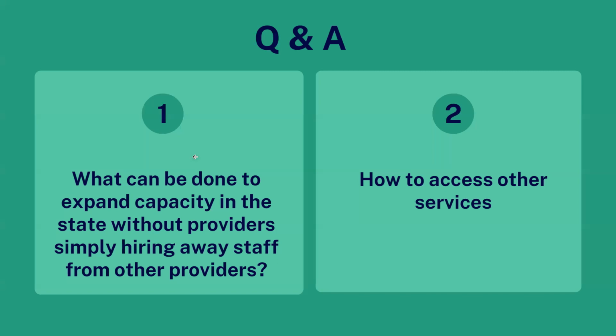I also got a second question, I think from a family member, how to access other services. So I'm going to answer this in the way that I'm interpreting it. In order to spend ESA funds for services, the provider must be an approved participating entity.